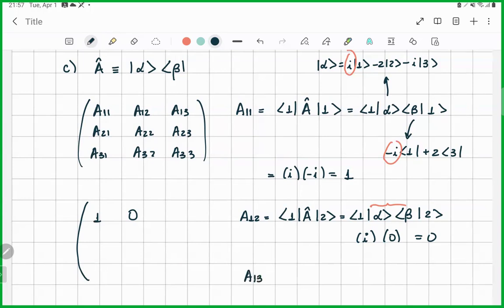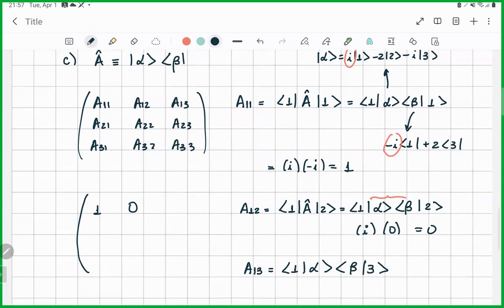1, 3. The element 1, 3. So it's going to be 1 alpha beta with 3. Okay, so the first one we already said. 1, the only thing from the alpha that we can pick is that vector 1. So this amplitude I, that's what comes here.